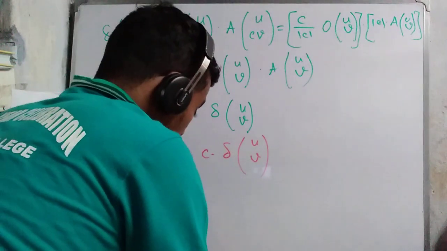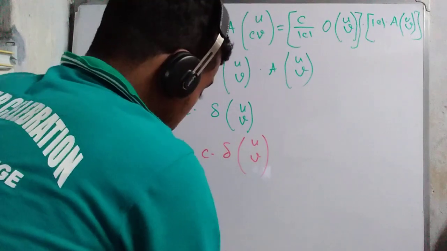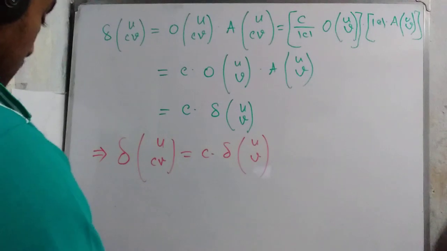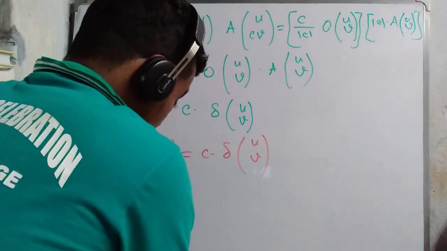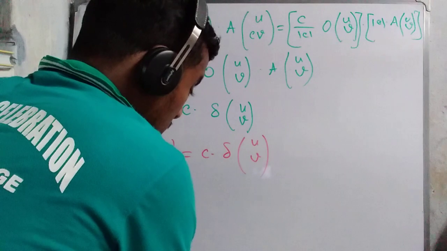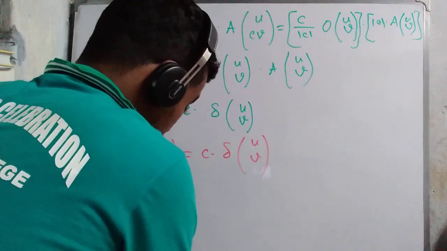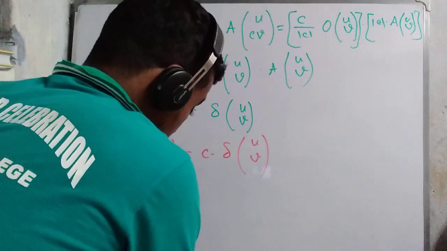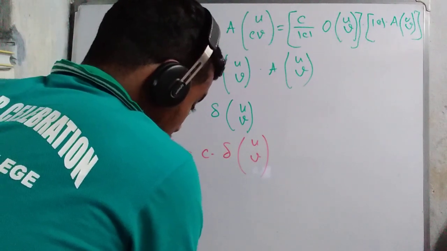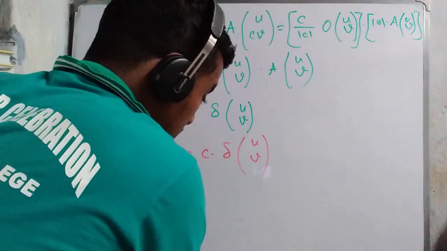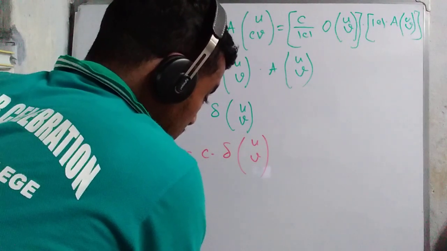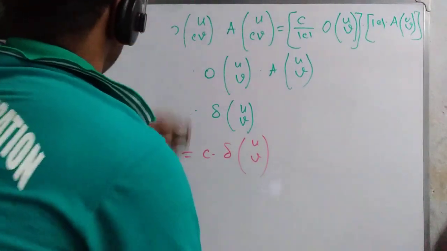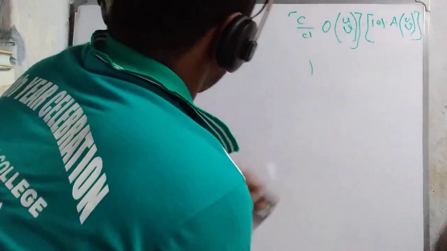So now we go to the next proof. This proof is similar to this one. We now prove that delta (U, aV plus bW) equal to, we erase that portion and go to another proof.